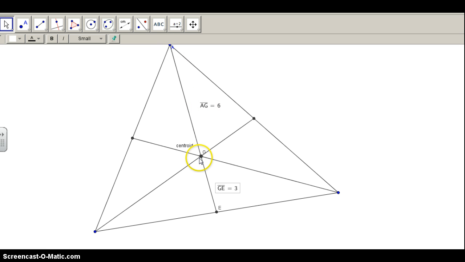That means that the distance from the centroid to the side of the triangle is 1/3 the length of the entire median. And the distance from the vertex to the centroid is 2/3 the entire length of the median.